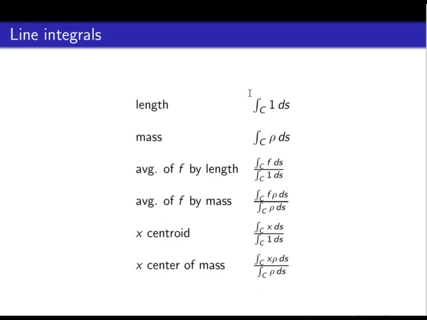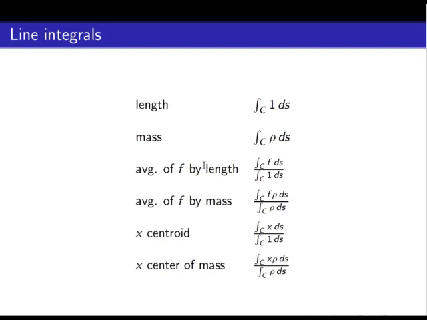If you have an integral on ds, those are the easiest ones to interpret. Length is the integral of 1 ds. If you actually look at how you compute these line integrals, you'll find that you get the formula for arc length that we did in chapter 10. Mass is the integral of rho ds. In this case, rho is the linear mass density, mass per length.